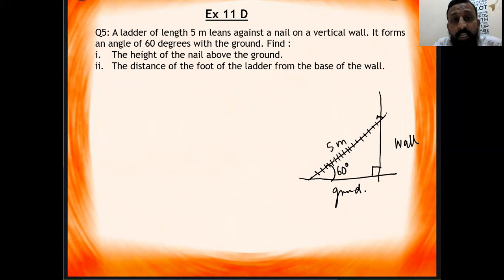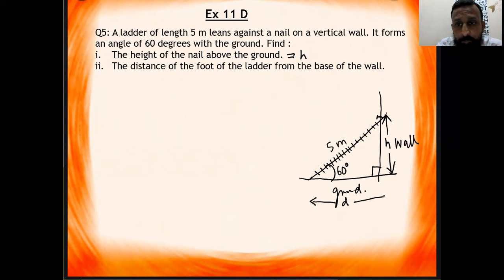Now, find the height of the nail above the ground. Let the height of the nail above the ground be h. We need to calculate h. The distance of the foot of the ladder from the base of the wall, we need to calculate this distance d.